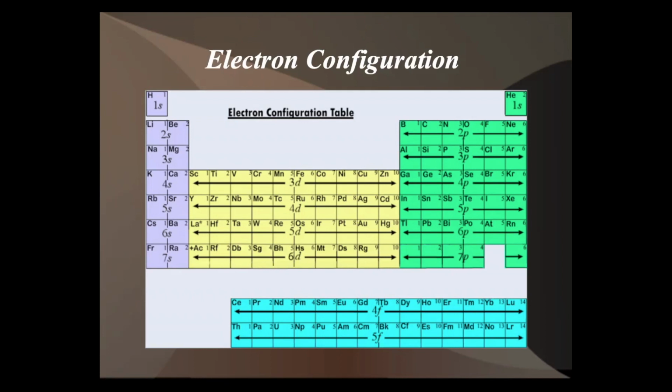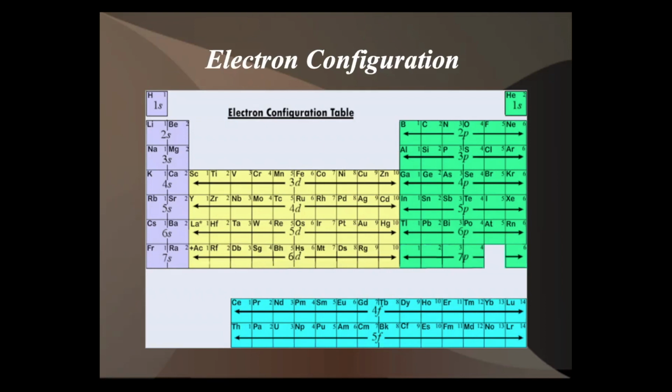Okay, so how do you use this? Let me go through how we use this. Let's say you want to know indium's configuration. You would write down the orbitals that are in indium. You always start from the beginning: 1s2, 2s2, 2p6. Do you see how that happens?